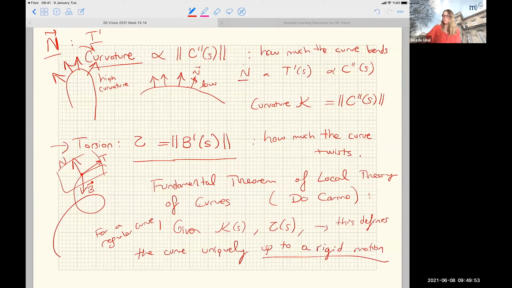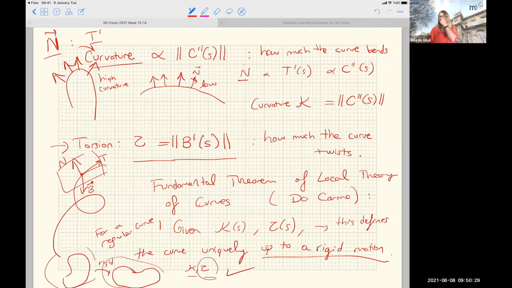Up to a rigid motion means take a curve and rotate it. Let me try to draw a curve so that I can rotate it now. Let's rotate this one. For instance, it's rotated, right? Rigid motion. Just take a curve, calculate its kappa and tau, and do a rigid motion on the curve.